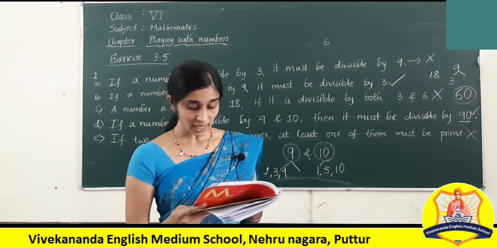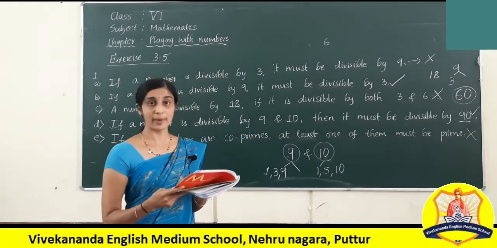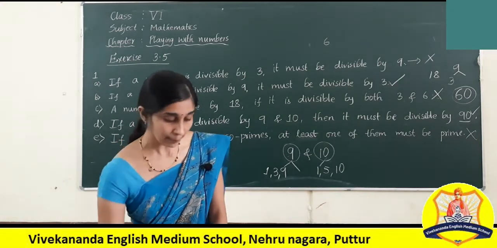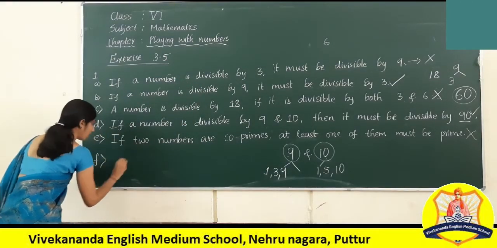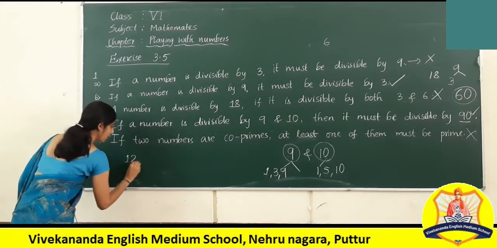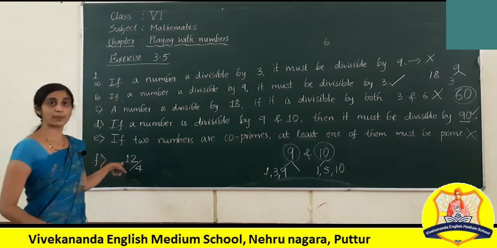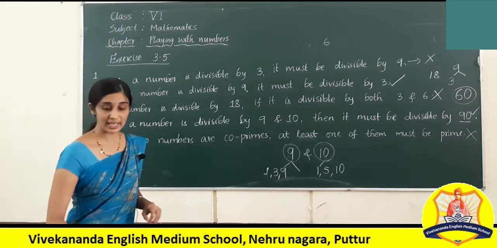All numbers which are divisible by 4 must also be divisible by 8. It is false. For example, 12 is divisible by 4, right? But is it divisible by 8? No. 8 twos are 16. It exceeds, right?